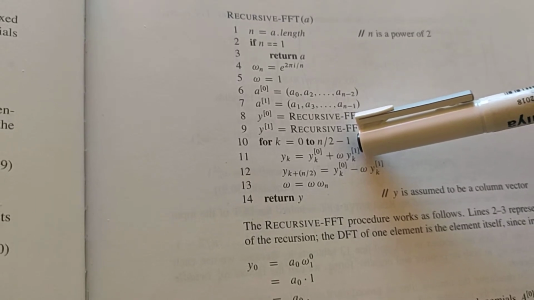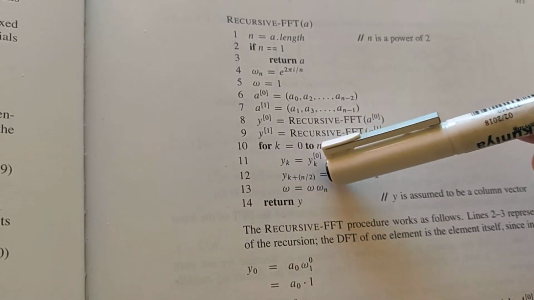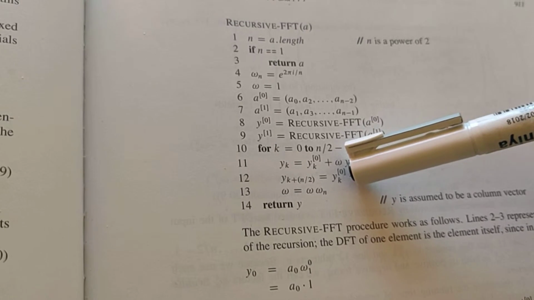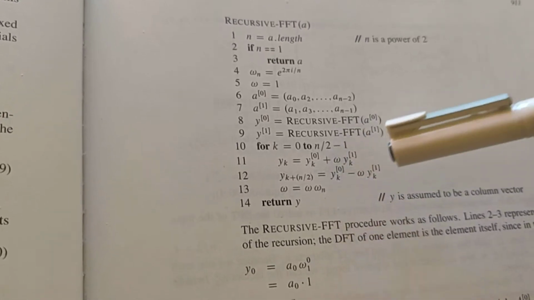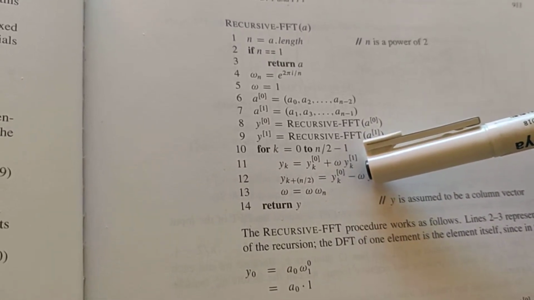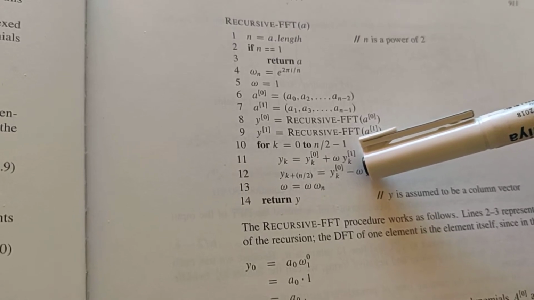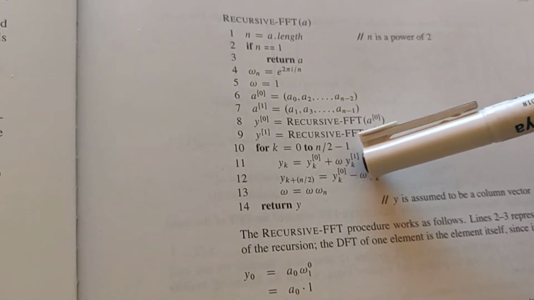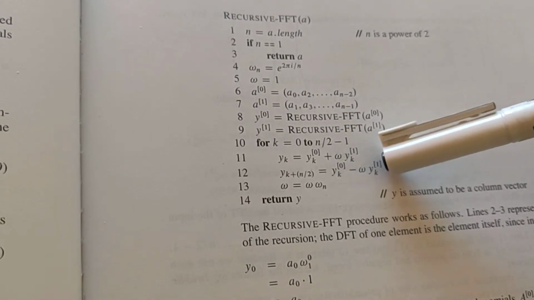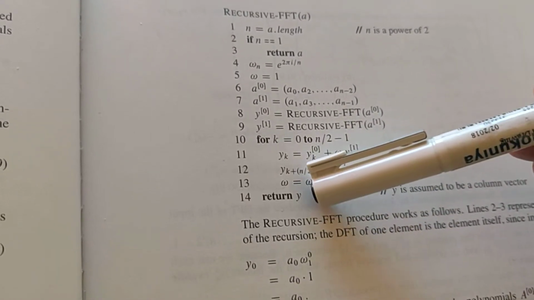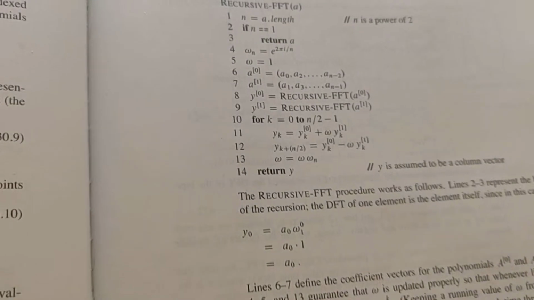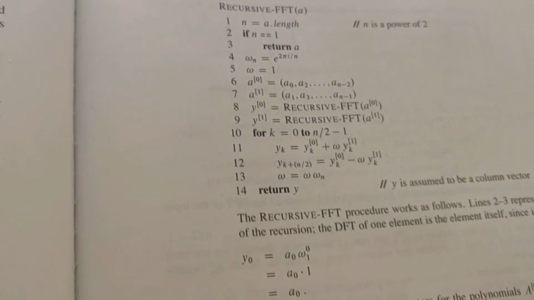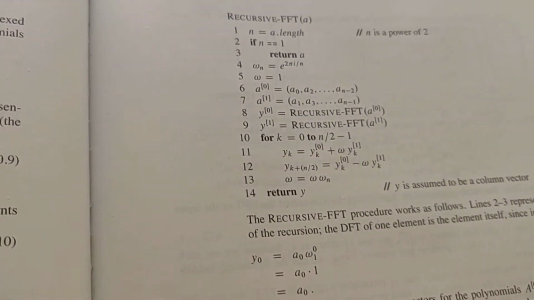For the one where you shift it up by n over 2, this one stays positive because it's a squared negative number. This one needs to become negative because omega n to the power of n over 2 is negative 1. And then that's just it. You get y, and it's correct. So that is why FFT actually gives you the fast Fourier transform of the polynomials.